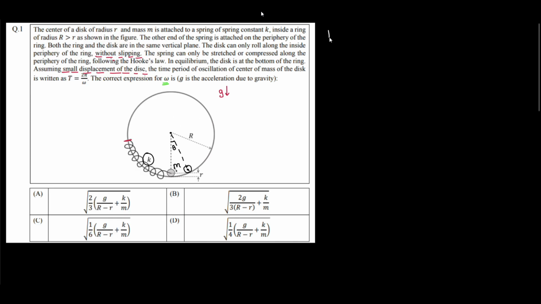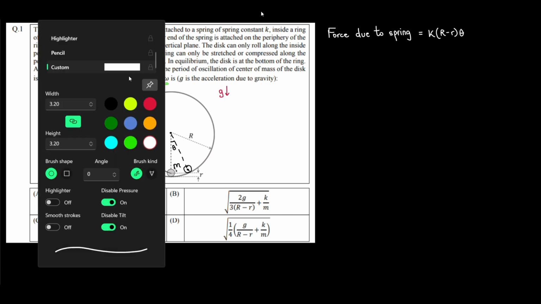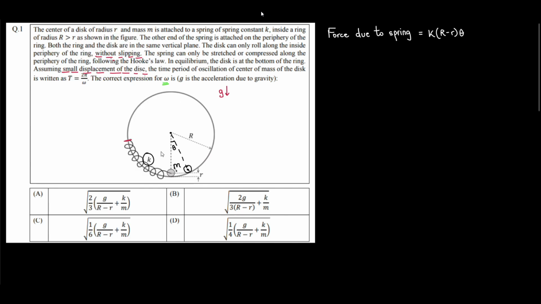Let's start by writing the force due to the extended spring on the disk, which will be equal to k into (R minus r) into theta. Now here we take R minus r, since the distance from the center of the ring to the center of the disk is equal to R minus r, and the spring will be displaced something like that.